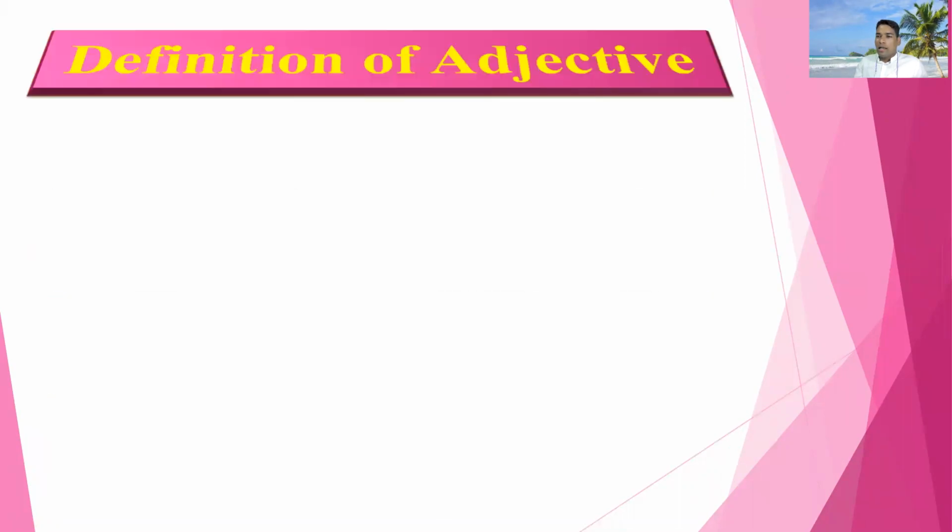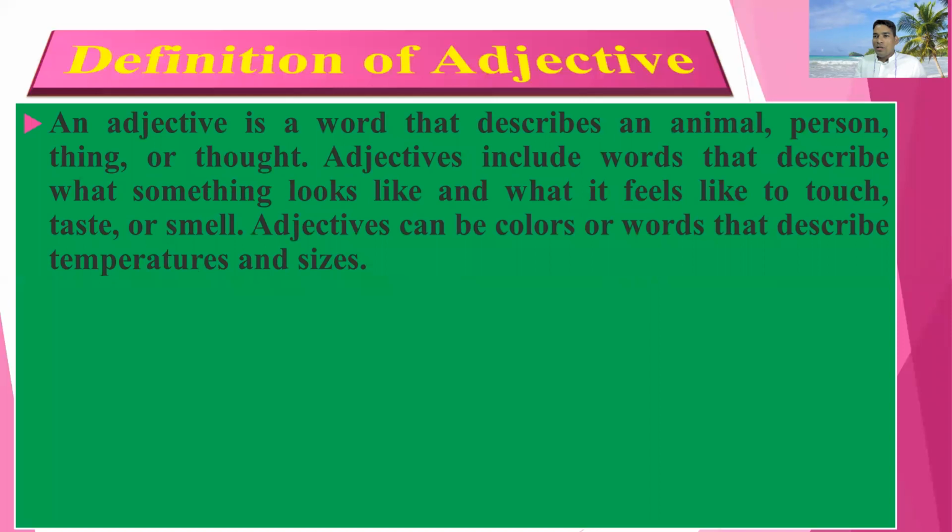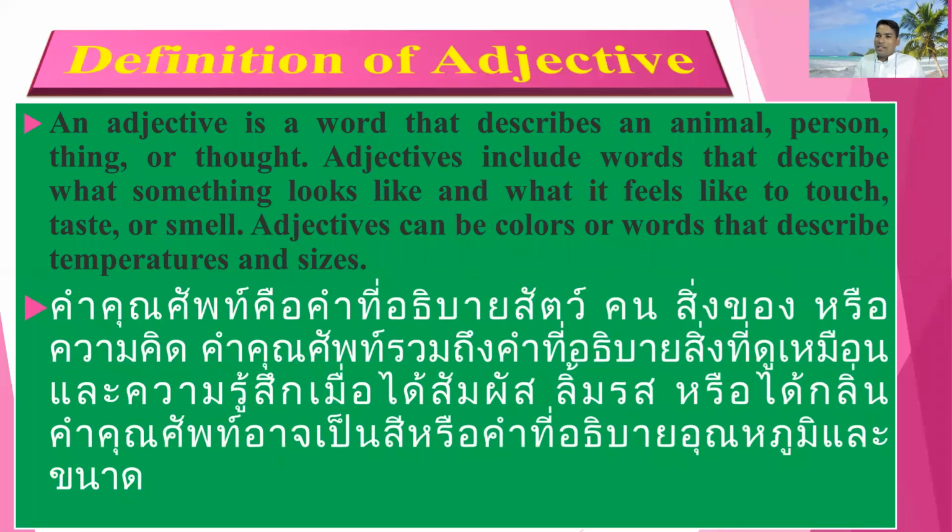So first, I have written the definition of adjective. The definition talks to you about exactly what adjective means. It is written in Thai language and also in English for your understanding. So first I explain to you in English.